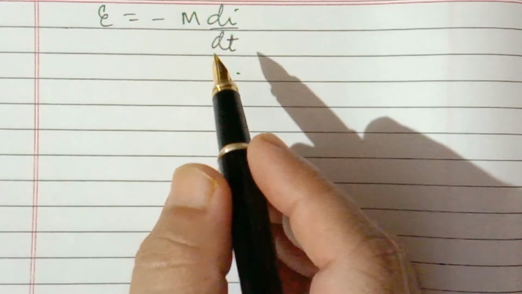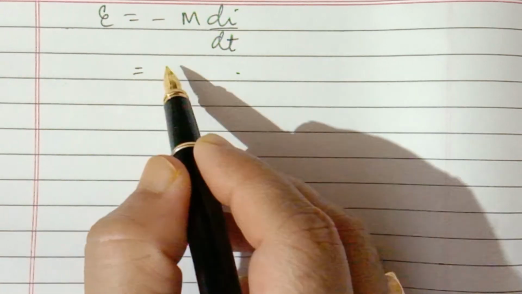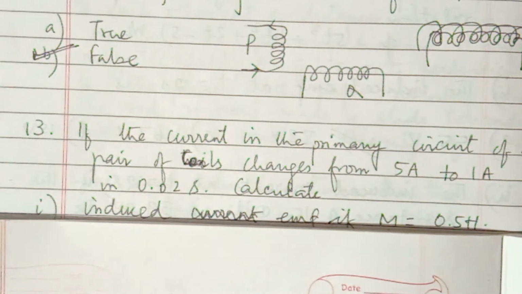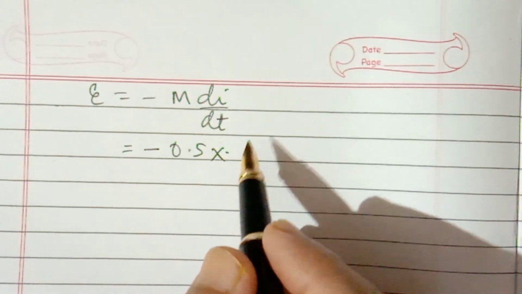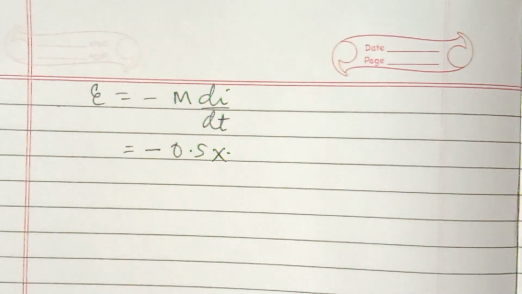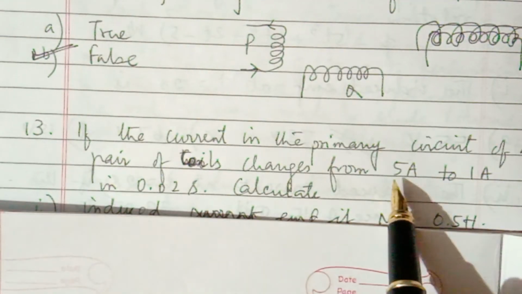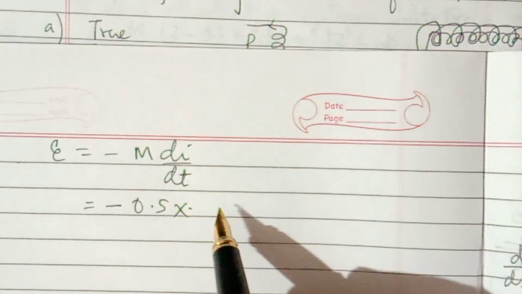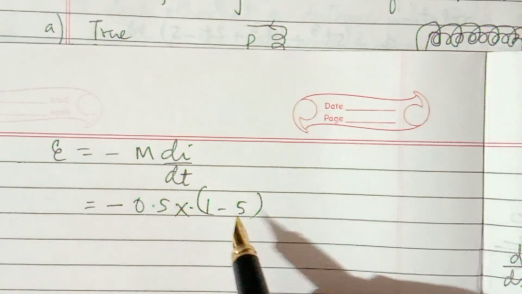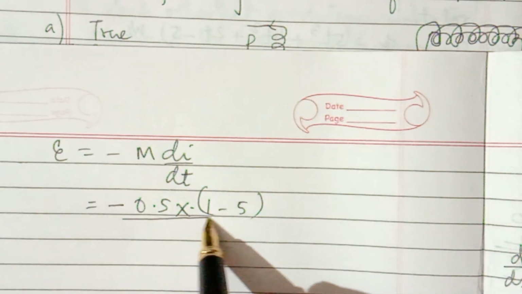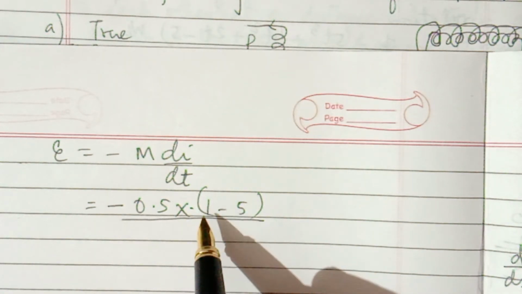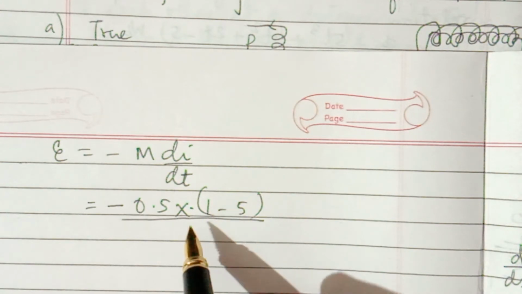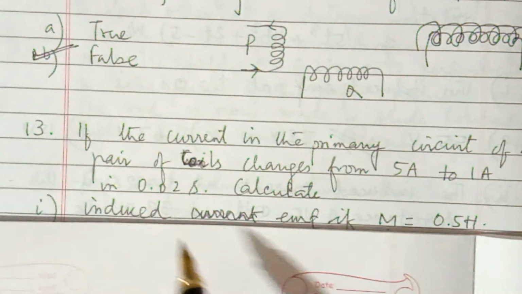Then what is the value of M here? The value of M is 0.5. So 0.5 di by dt. How much current is changing here? 5 ampere to 1 ampere, so 1 minus 5. Current is in SI unit, ampere, and time is 0.02 seconds.